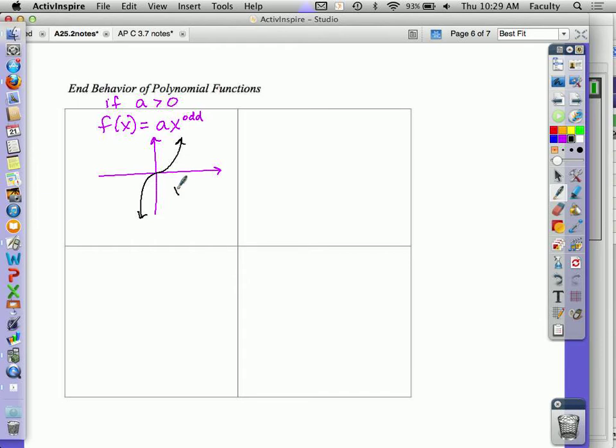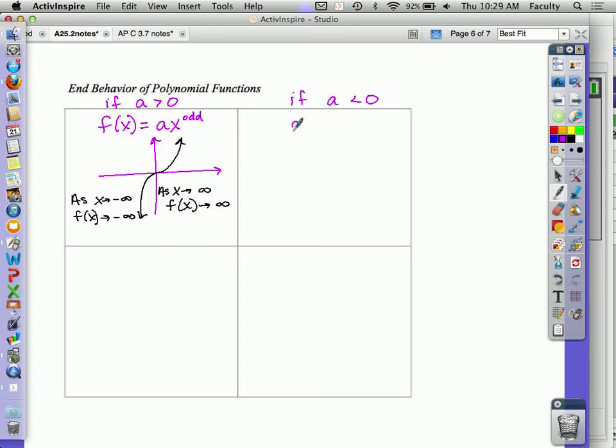And so the end behavior is as x approaches positive infinity, instead of using the y, we're going to say f of x approaches positive infinity. On the left side, as x approaches negative infinity, f of x approaches negative infinity. So now we're generalizing what we were messing around with, okay?